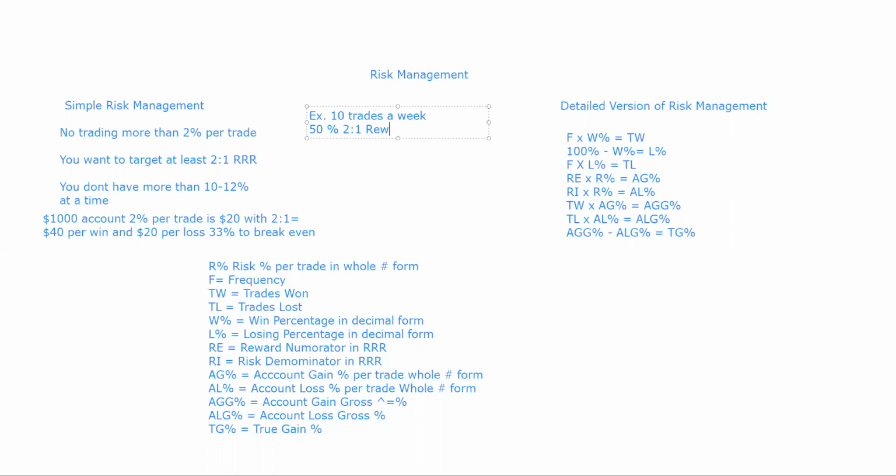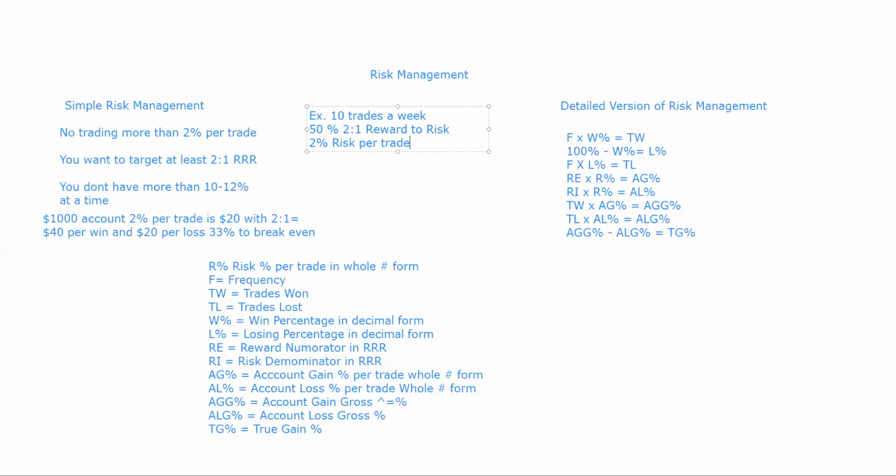I don't know why I wrote risk to reward, I've got to fix that. Reward to risk. And what am I missing? Oh, 2% risk per trade. So that is going to be the example.